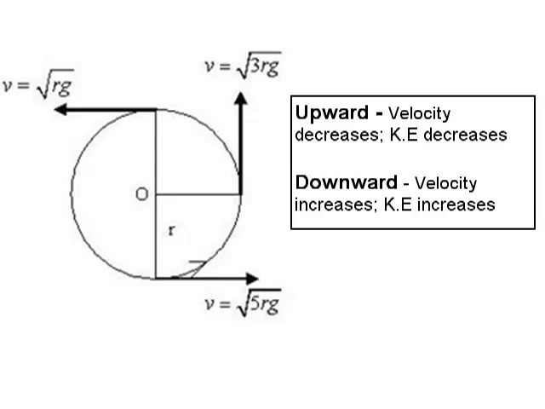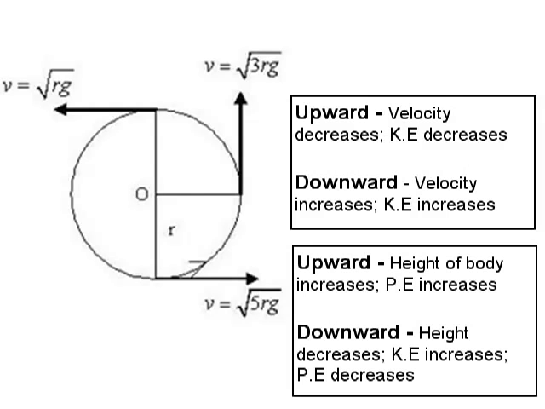But while going up, the height of the body with respect to the position at the bottom increases, and that increases the potential energy of the body. While coming down, the kinetic energy increases, and as the height of the body with respect to the bottom position decreases, its potential energy decreases. And the sum of these two energies, that is the total energy of the body, remains constant.